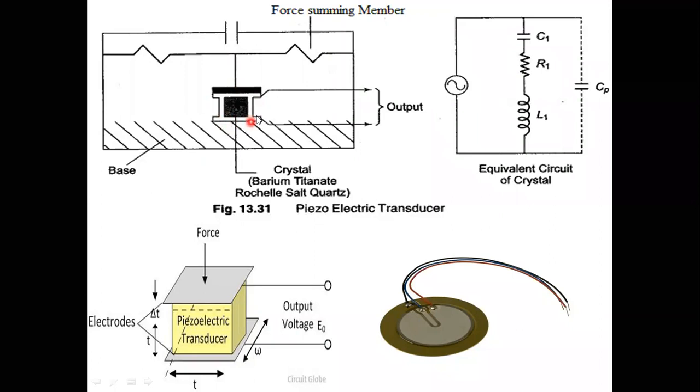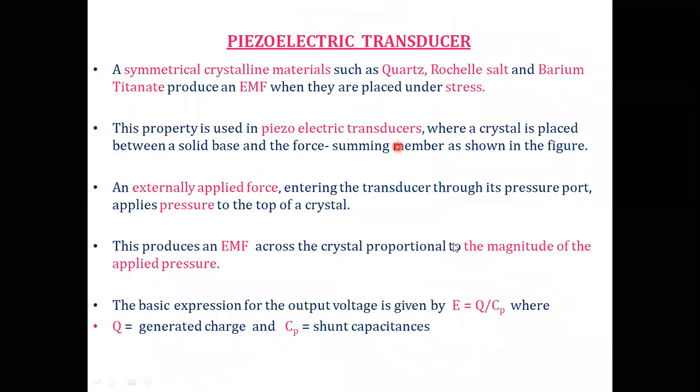Deformation inside this piezoelectric crystal will take place, and the output voltage I am going to equate. That output voltage is in terms of some charge as well as shunt capacitance. This is the basic principle of piezoelectric transducer.